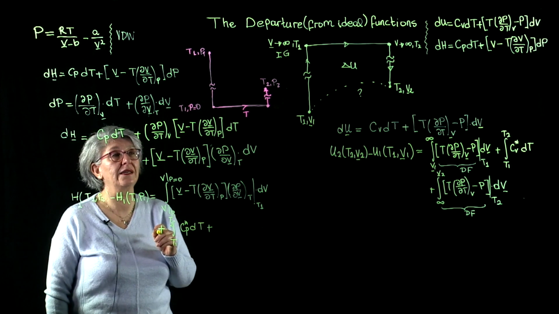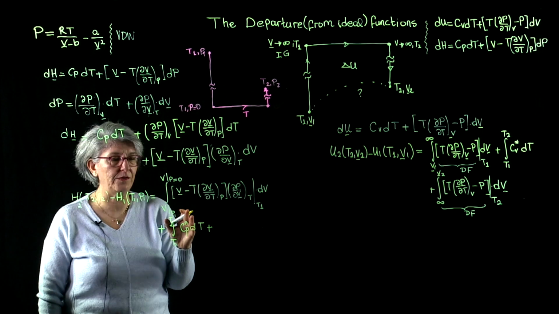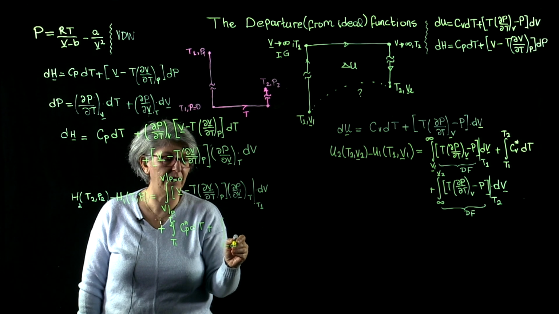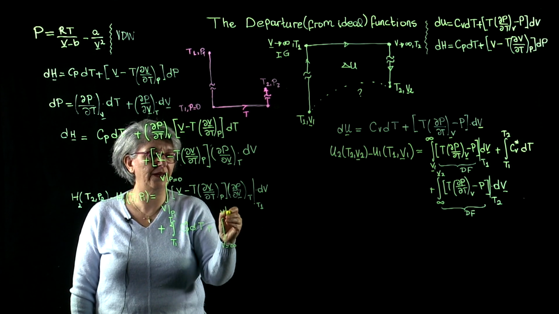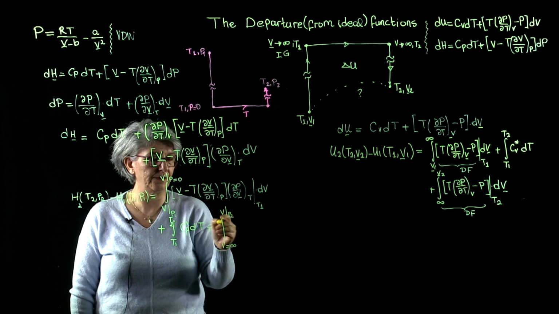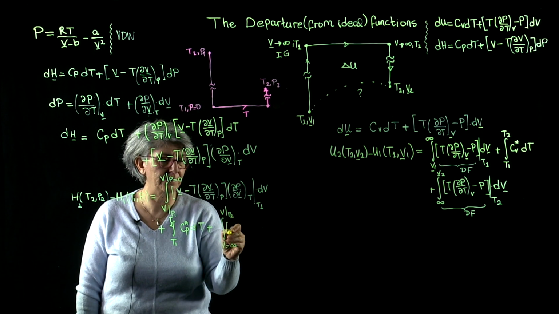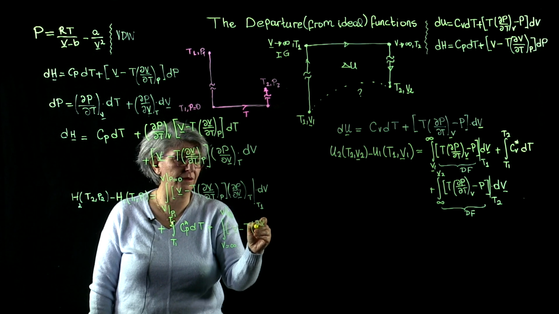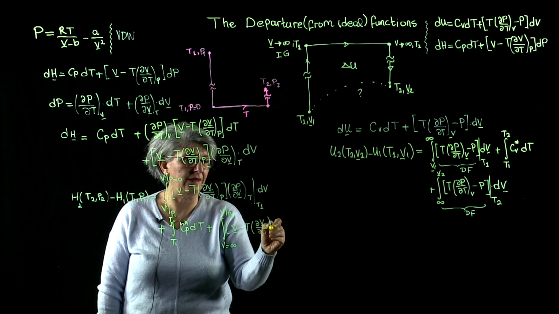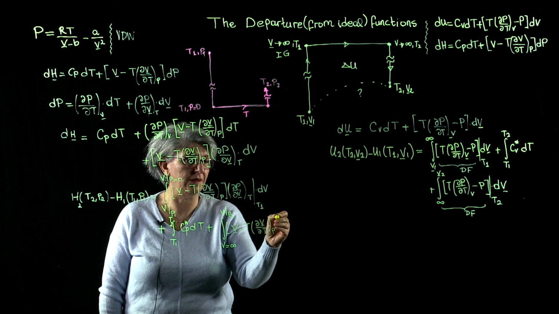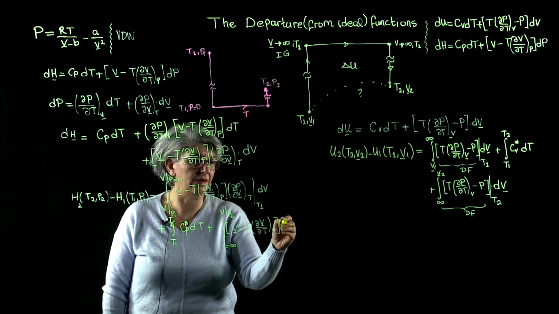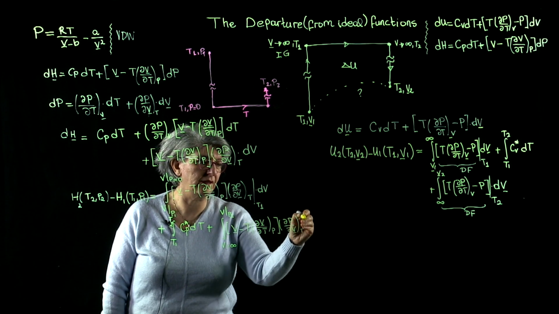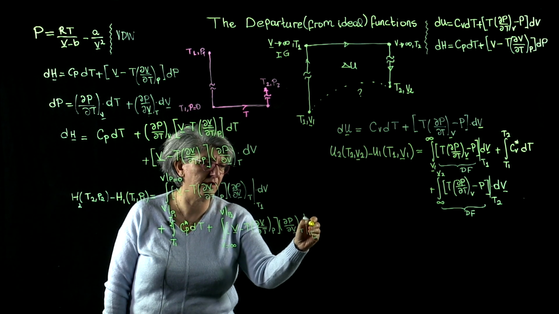Then I will come back from this ideal gas state to my real fluid state, from V equal to infinity to V evaluated at P2, the same departure function: V minus T del V over del T at constant P, times del P over del V at constant T, evaluated at T2, times dV.